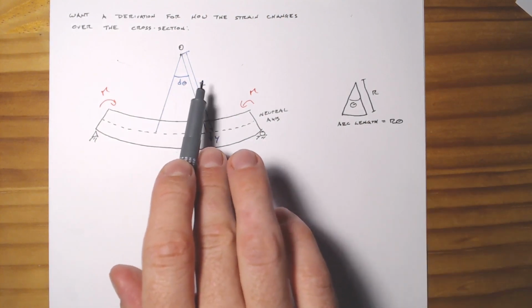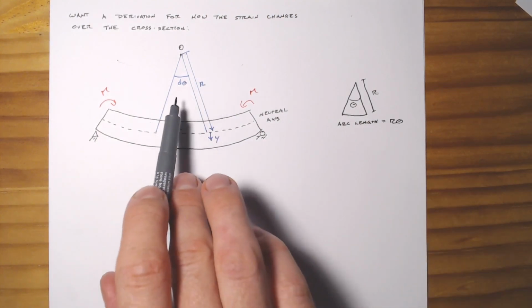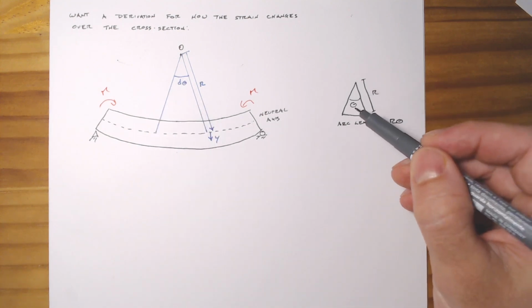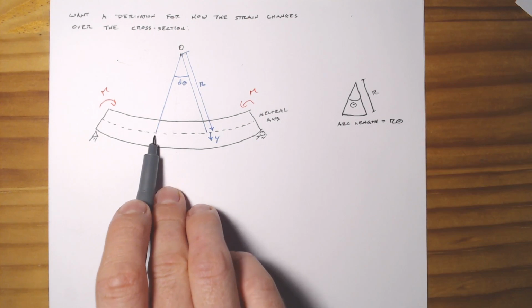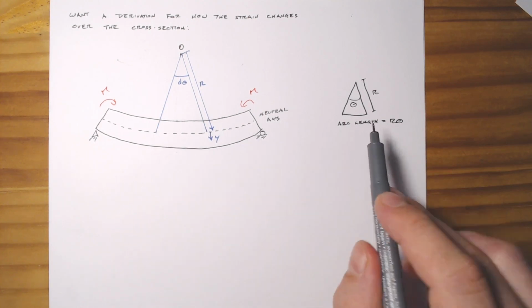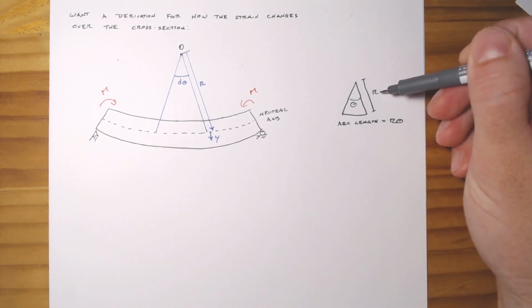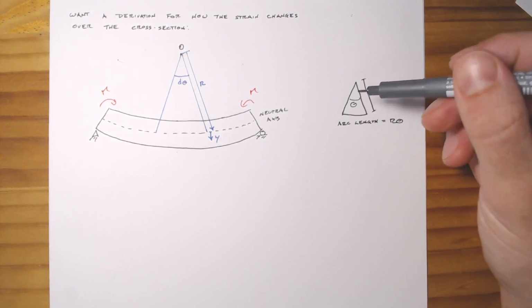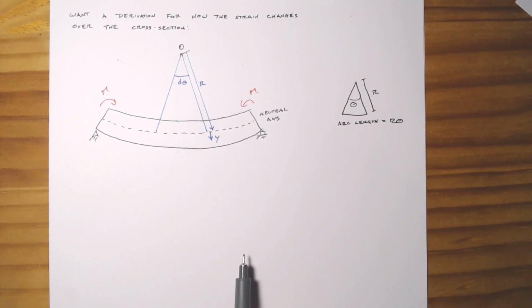And basically we're looking at some change in the angle. If we think about our arc length, this change from here to here, the arc length is simply the radius R times the included angle, so this d theta.